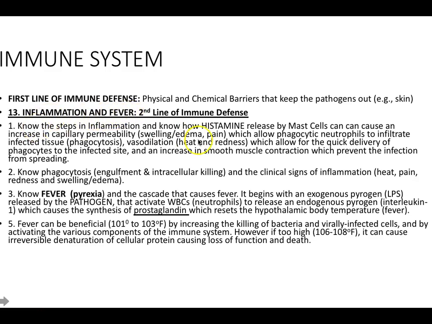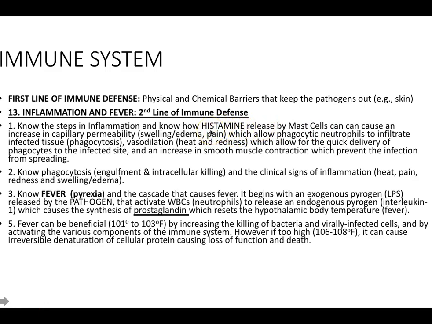So inflammation, I do want you to know that when a person is evoking an inflammatory response, there is a type of cell that's scattered throughout the body called mast cells that release histamine.